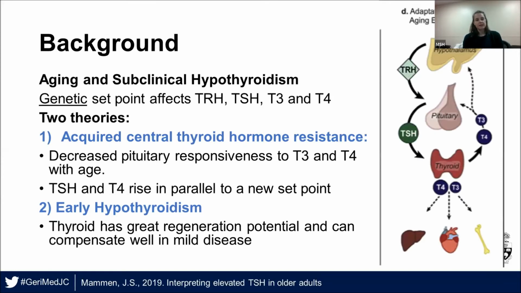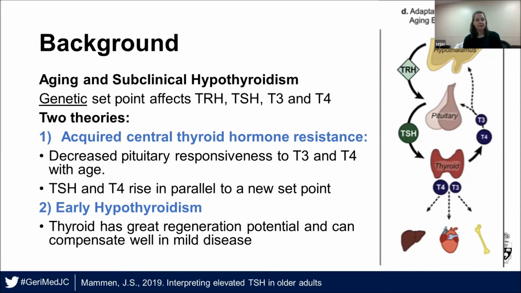There is some debate as to why TSH increases with age. Most people will agree that there's a genetic set point that affects thyrotropin-releasing hormone, thyroid stimulating hormone, T3 and T4. Then there are two theories.